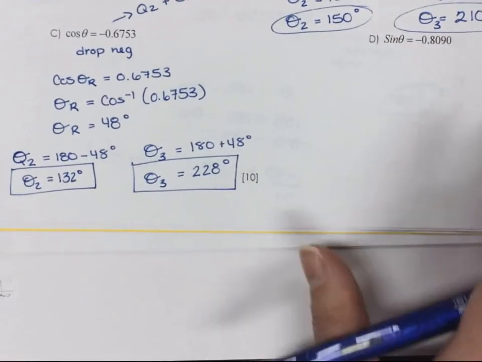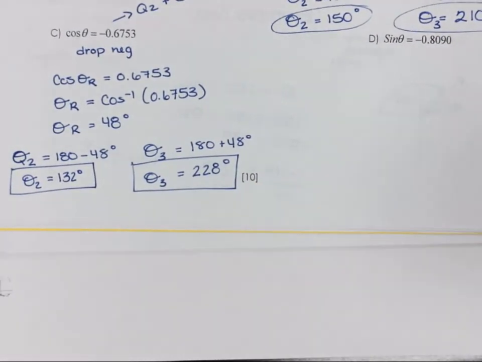Guys, does it have a positive or a negative in front of it? The CAST rule always tells me where it's positive.